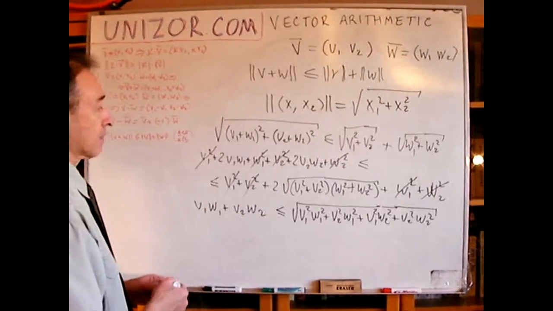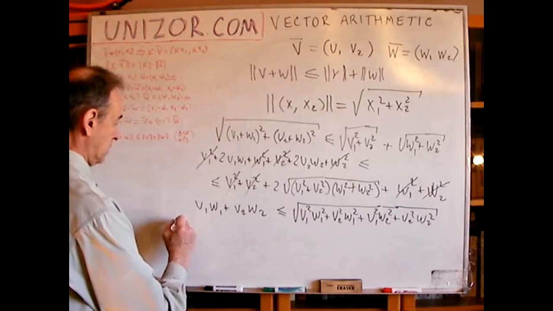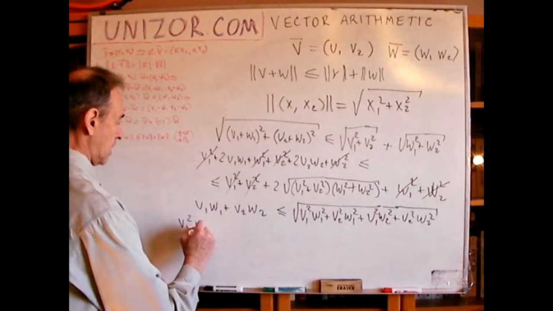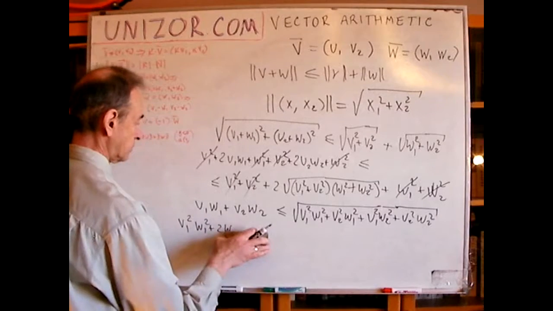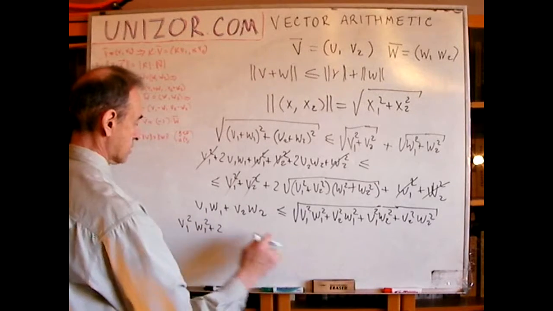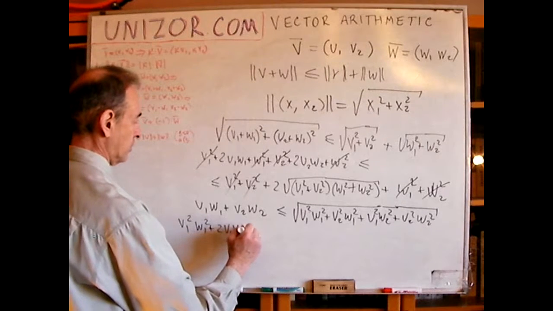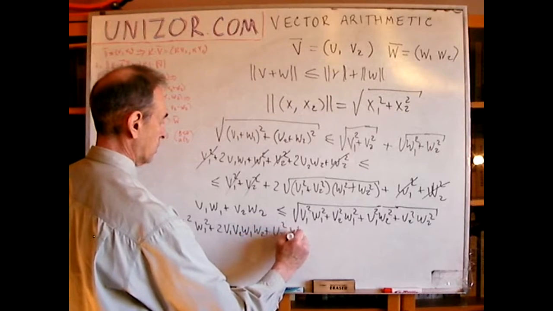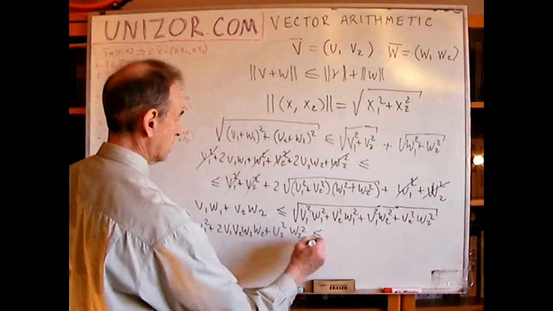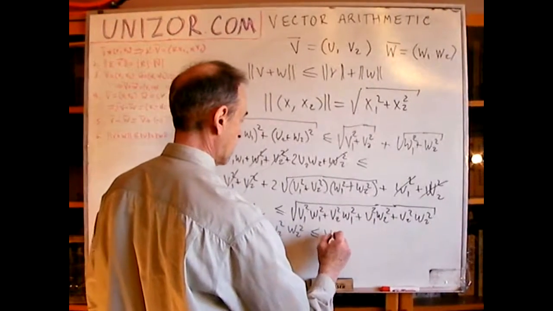So let's square it again, both sides. On the left I will have v1 squared w1 squared plus 2v1v2w1w2 plus v2 squared w2 squared, less than or equal to this. I will not change anything.